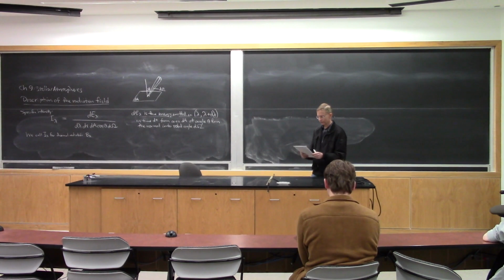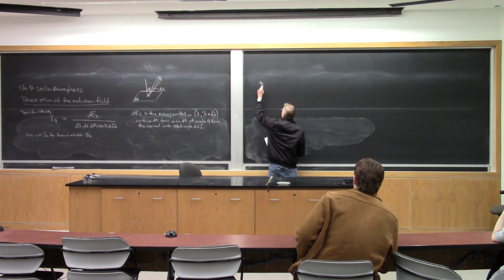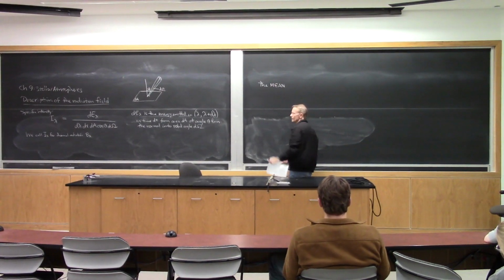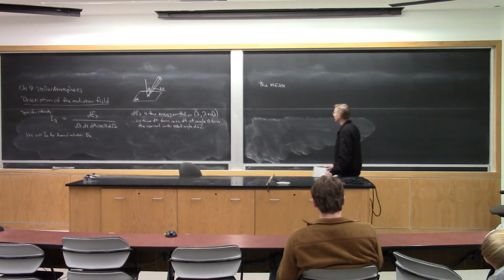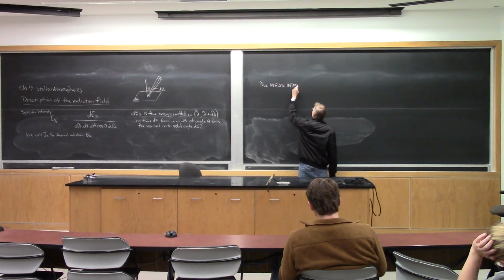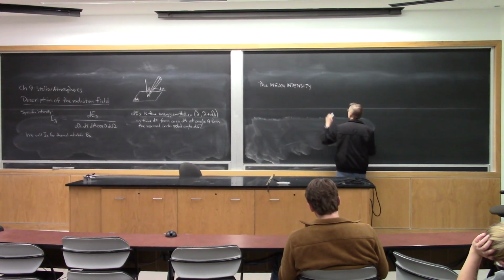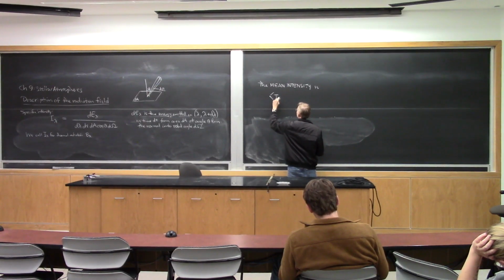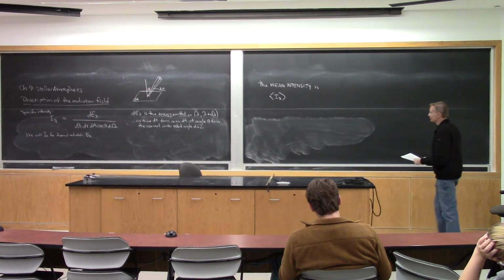So let's have some more fun with it here. So the mean intensity, mean as in average, not mean as in "I hate everything." Mean intensity, the average intensity, is, so remember we often use angle brackets to represent the average of a quantity.